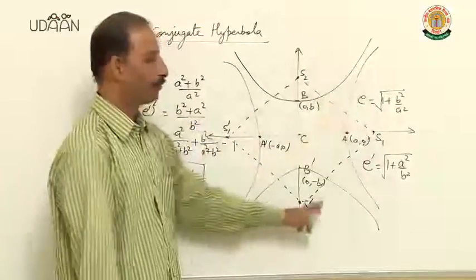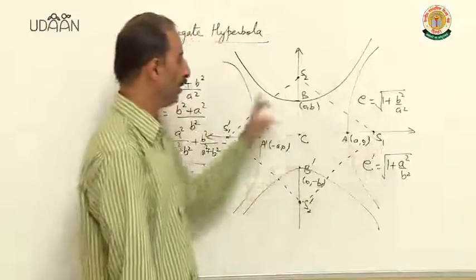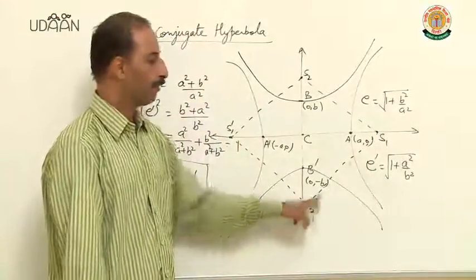So it will form a square. That is also a result, you can check. You know the coordinates of all four, and it will form a square.